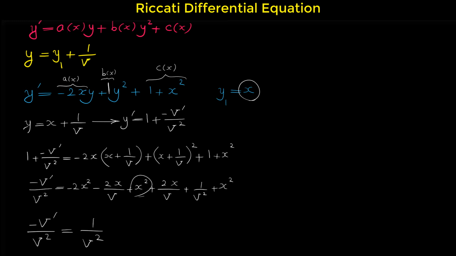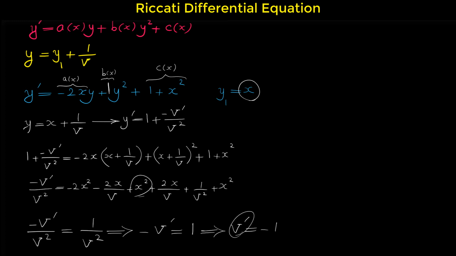Now, if we multiply both sides by v squared, or if we cancel this v squared with this v squared, we get to this really simple equation. Negative v prime is 1, which if we multiply both sides by a negative, we have v prime equals -1.